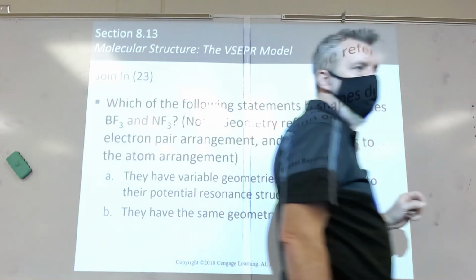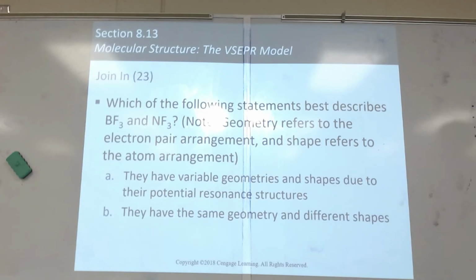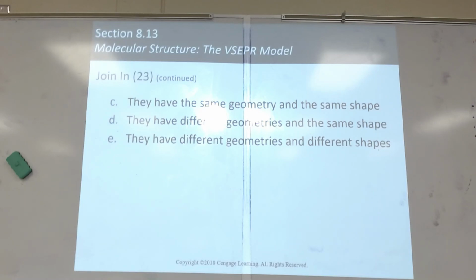NF3, the electron geometry is tetrahedral. The molecular shape would be trigonal pyramidal. Okay? So they don't have the same because BF3 has 3 regions of electron density. NF3 has 4 regions of electron density. So different geometries, different shapes.